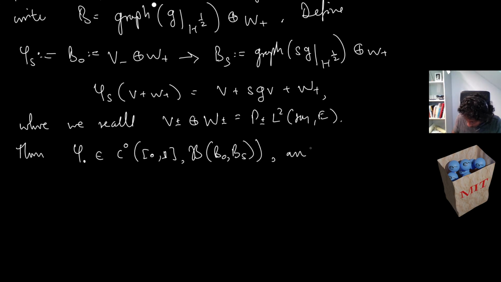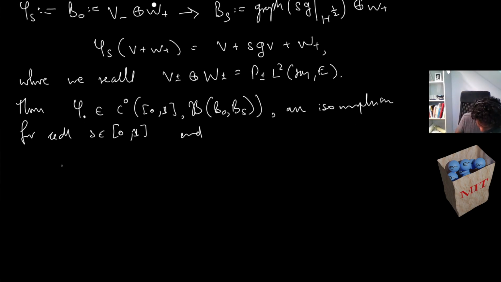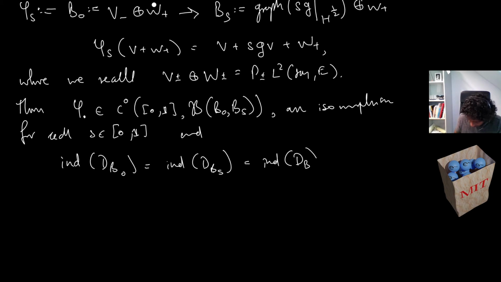It's an isomorphism for each S in the interval, and the index of dB naught is equal to the index of dBs, which is equal to the index of dB.